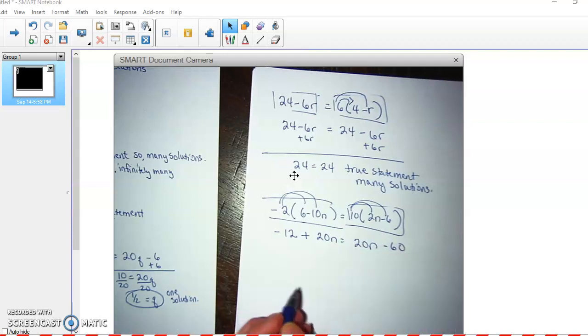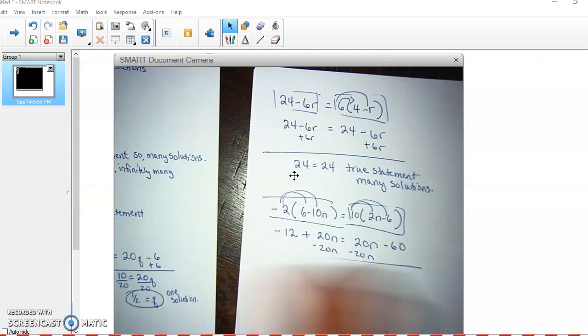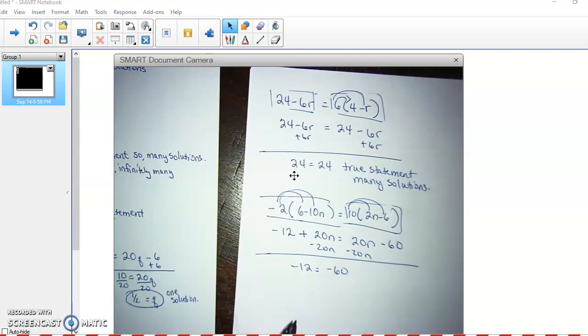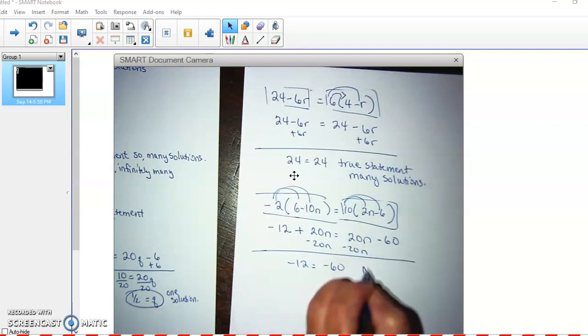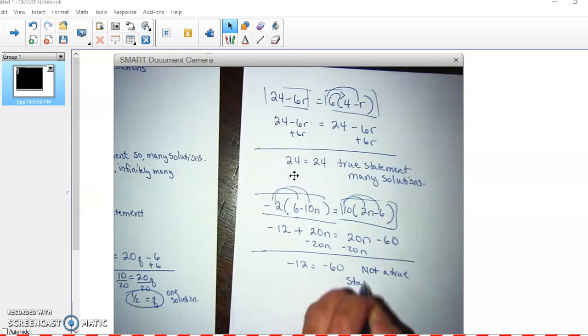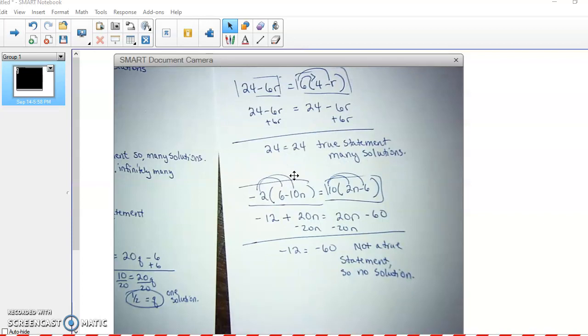We're going to get our variables together on one side. Okay, not a true statement. So no solution. No matter what number you try, you will never get that to balance.